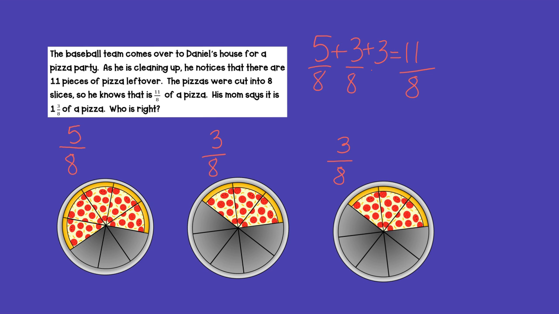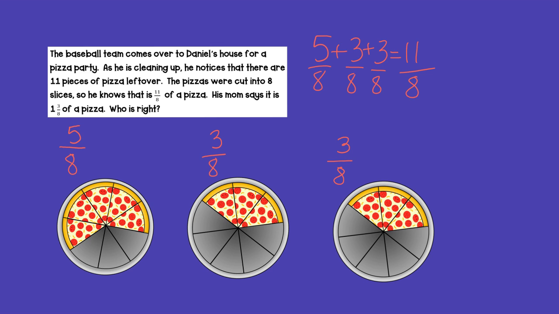So when you think of a mixed number like 1 3/8, or when you think of a fraction greater than 1, the first thing you really need to do is figure out, well, how many wholes are there? And one way to do that is to decompose the fractions into unit fractions.